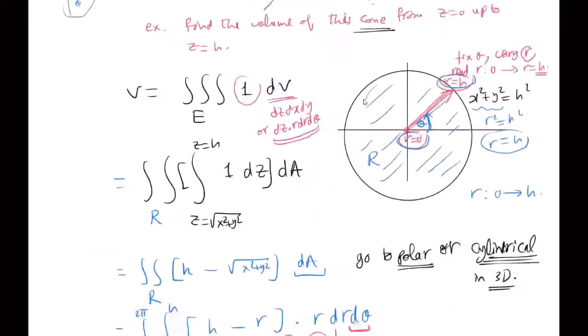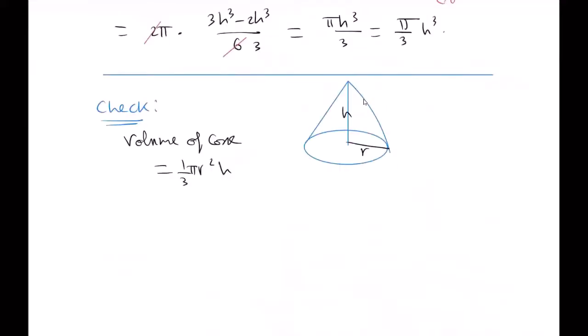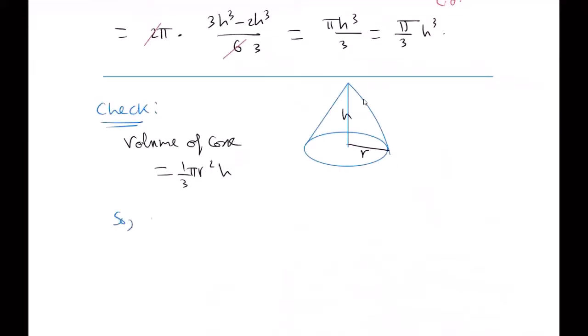So it's a special case. When r is h, we get volume 1/3 pi h squared times h, which is what we get, 1/3 pi h cubed. Done. It checks. What we get is right.